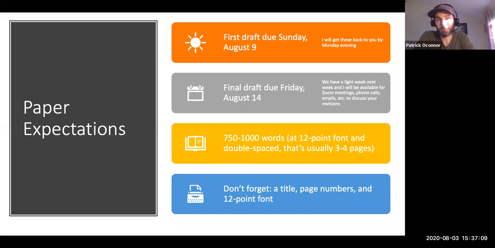Page numbers just make my life easier, and 12-point font, which is traditional for history papers. 12-point font and double spacing will help you gauge how your length is fitting in to my expectations. You can also use the word count to do that. I think that's all those things that I wanted to go through. Okay.